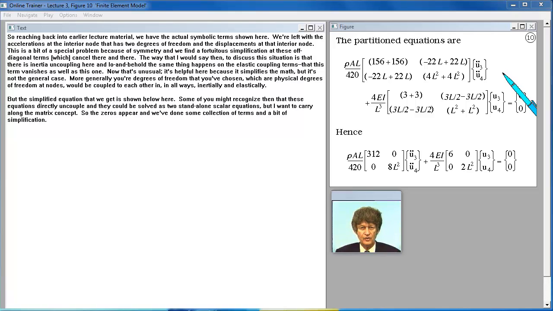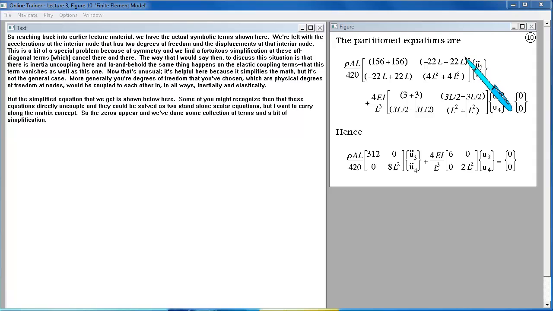So reaching back into earlier lecture material, we have the actual symbolic terms shown here. We're left with the accelerations at the interior node that has 2 degrees of freedom and the displacements at that interior node. This is a bit of a special problem because of symmetry, and we find a fortuitous simplification that these off-diagonal terms cancel there and there.